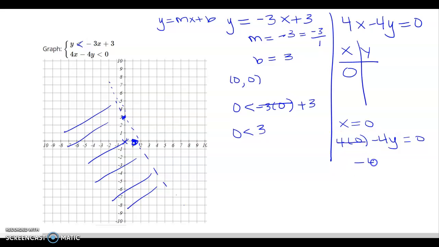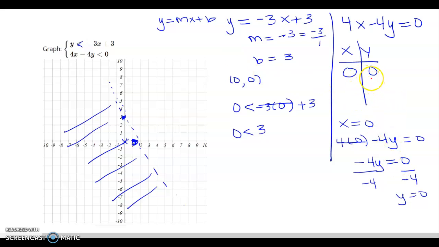That's 0, so negative 4y equals 0. We just solve for y. So divide by negative 4, so y just equals 0 there. So we can see, darn it, this time the y-intercept is the x-intercept, and so our point there is just at 0, 0.